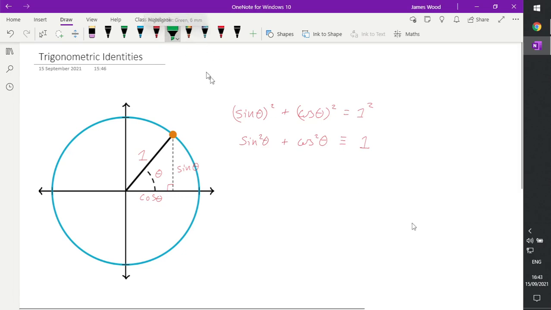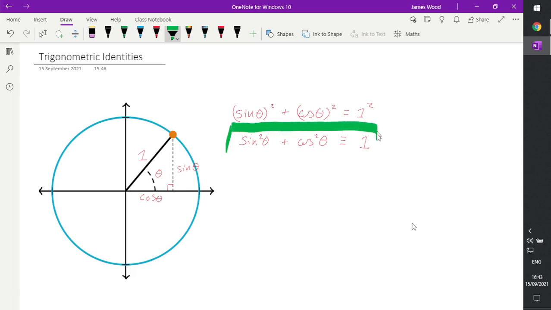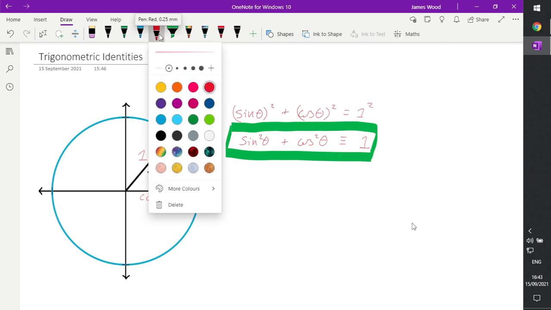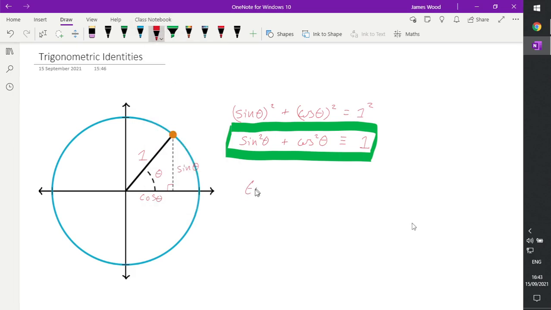And that's the first trigonometric identity. I'm going to talk about how we can use these later on, but that's the first one. You say sine squared plus cos squared equals 1. Okay. Another one we can use is using the tangent. We know that tan theta is the opposite divided by the adjacent.